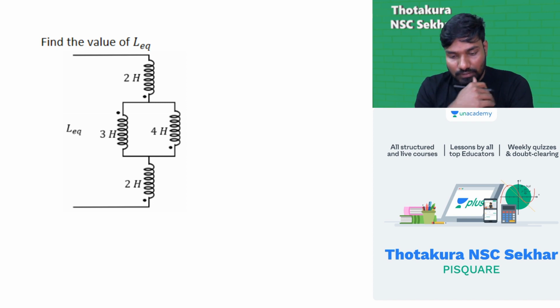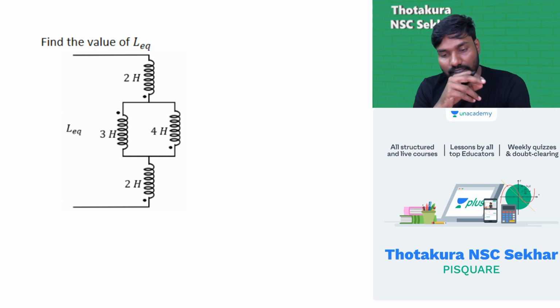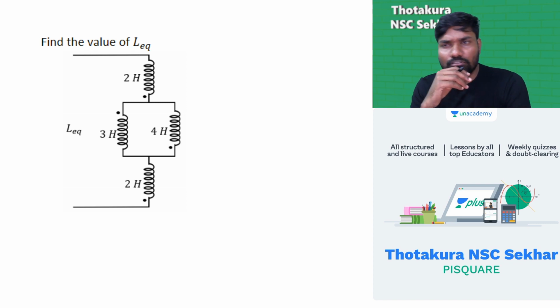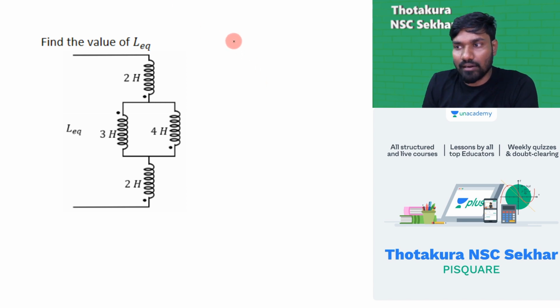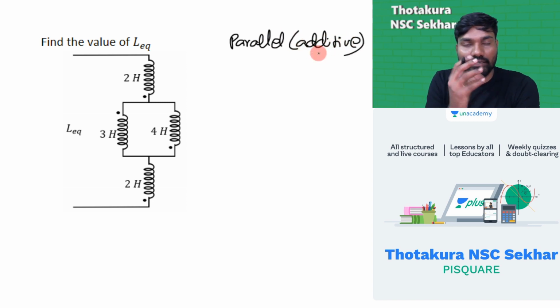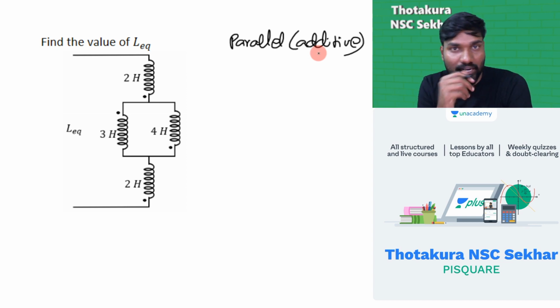Here we have a combination of series and parallel. We have a series as well as a parallel. I think you know the parallel formula, just take that formula first. I'm writing the formula for parallel additive, that is additive magnetic flux, additive in nature.